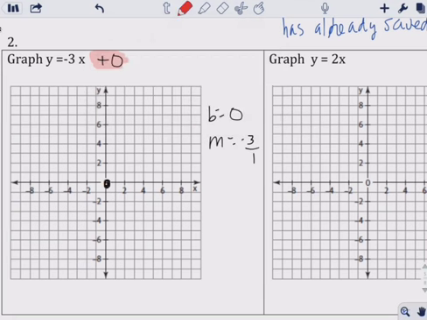That means you go from 0, down 1, 2, 3, right 1. Down 1, 2, 3, right 1. Run out of room the other way, so up 1, 2, 3, to keep it lined up. That is your line.